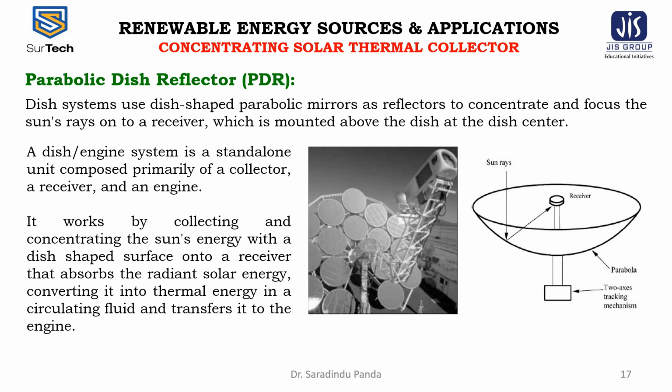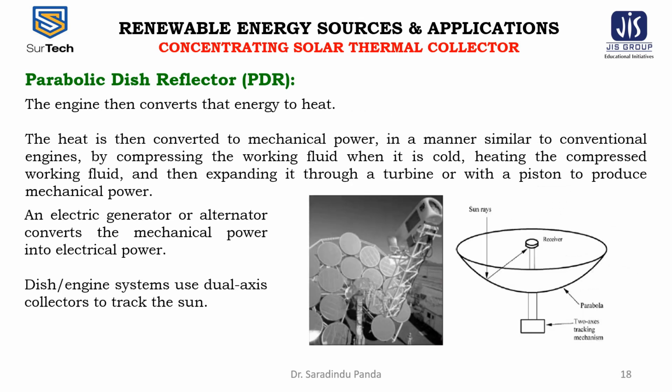A parabolic dish reflector, shown schematically in the figure, is a point focus collector that tracks the sun in two axes, concentrating solar energy onto a receiver located at the focal point of the dish. The dish structure must track the sun fully to reflect the beam into the thermal receiver.